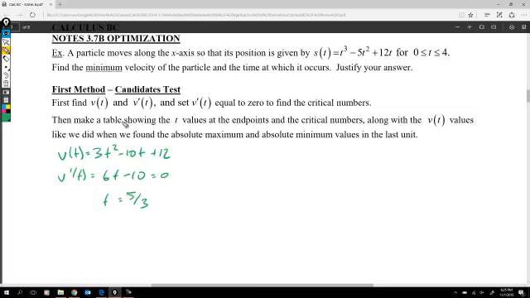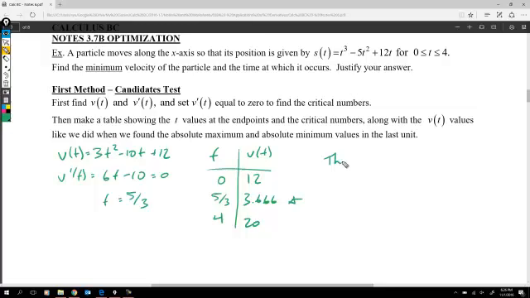At this point, I can do a candidates test. That's what this says here. It's my first method. I have t, and then I'm plugging into my original equation. I'm going to plug in my endpoints, and then my critical number. My endpoints were given to me in the problem. If you plug these in, you should get 12, 3.666, and then 20. And I want the minimum value, which is right here.